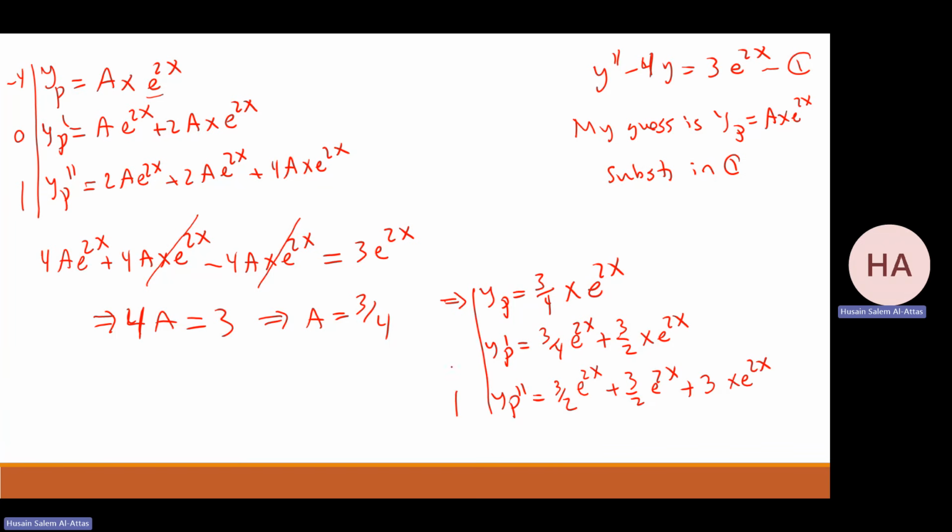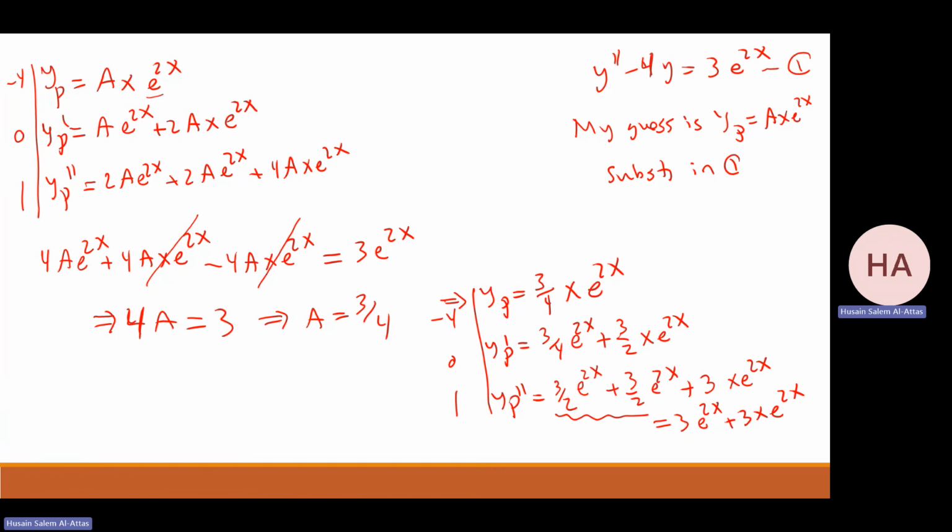Now multiply this by 1, this by 0, this by minus 4. So I'm getting 3 e to x plus 3x e to x.